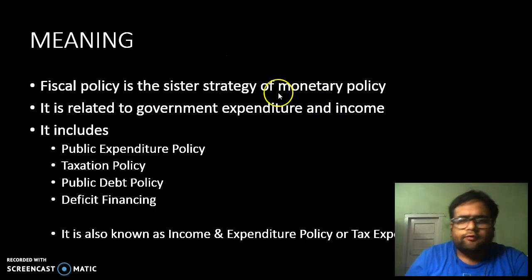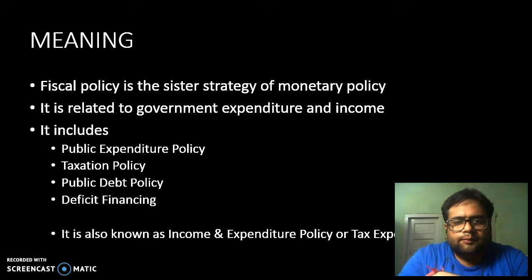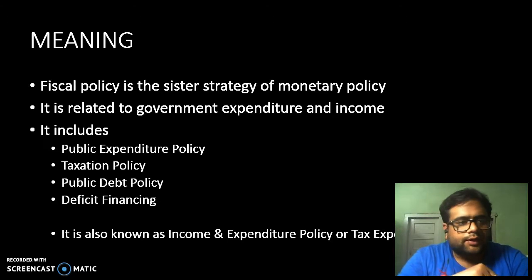The basic difference between fiscal policy and monetary policy is that monetary policy is prepared by the Reserve Bank of India, and fiscal policy is prepared by the Government of India, that is the Ministry of Finance. So it is related to government expenditure and income, the sources of income where the government is acquiring finances, and the expenditure where the government is incurring expenditure.